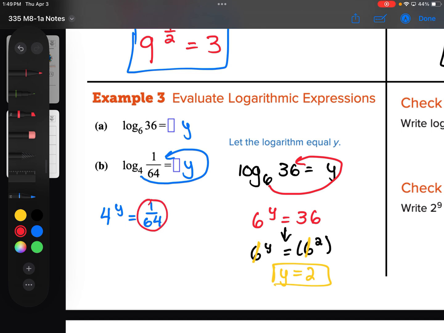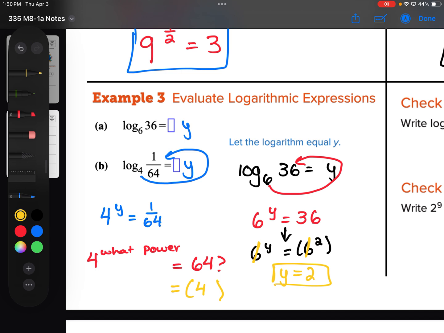To get a fraction, if you have an exponent, you need to have a negative exponent. So I need to figure out 4 to what power is equal to 64. That's what we need to figure out first. You can write 64 as a base of 4, and that would be 4 to the third power, I believe.